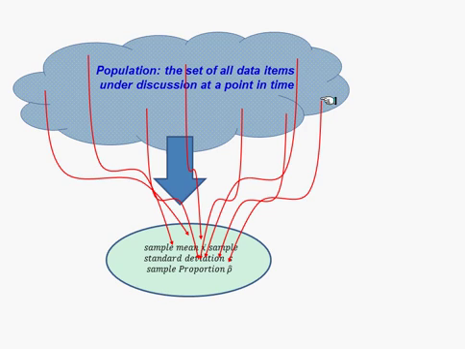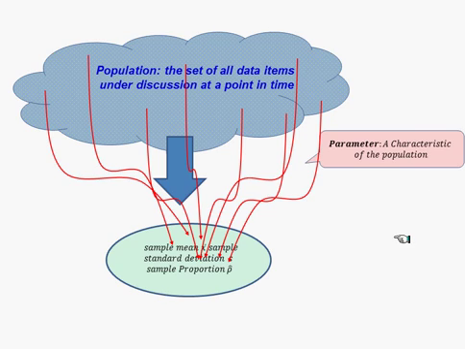We have the idea of a population being the set of all data items under discussion. And we take a random sample here, that's the red lines, and they're supposed to be truly random, that's why we've depicted them in this way. This becomes our sample, and we have associated with the population a characteristic called the parameter, which might be the mean, standard deviation, or a proportion.